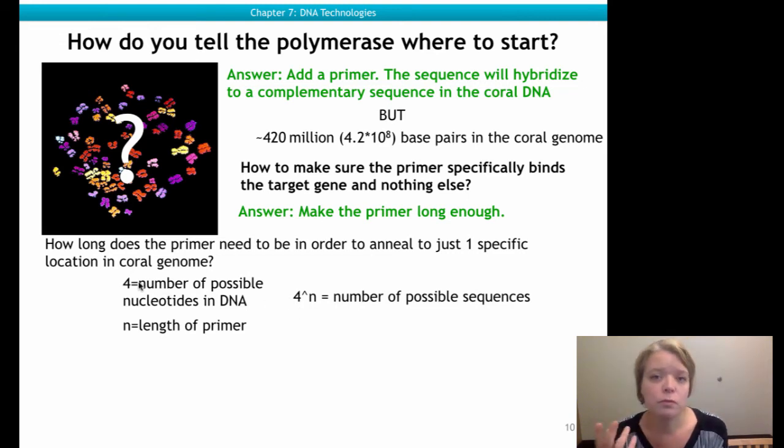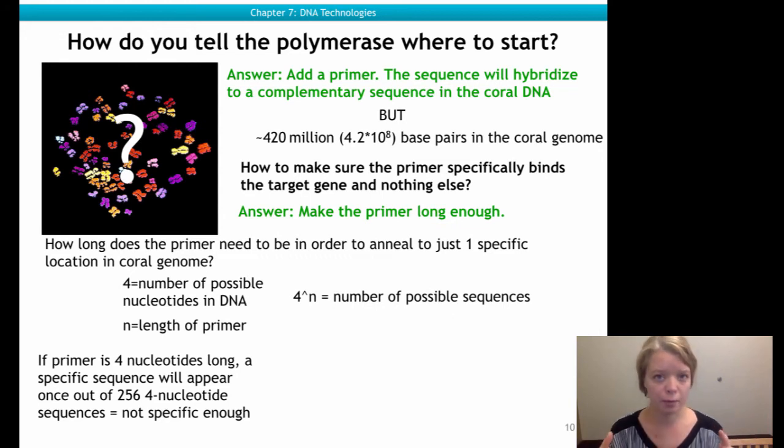There are 4 possibilities for what can be in a given location inside the DNA sequence, because there are 4 different nucleotides, and the nth power is the length of the primer. This formula will give you the number of possible arrangements of a sequence of a certain length.